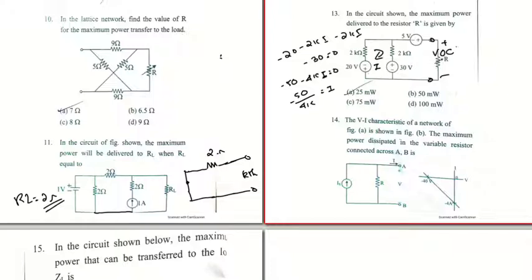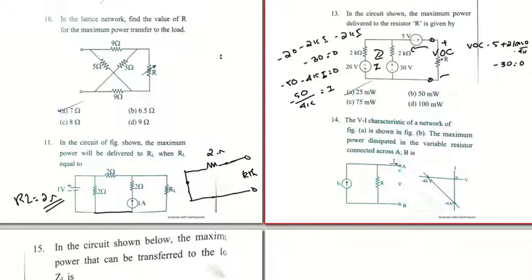And now I am going to consider this mesh, and I am going to write the mesh equation over there, that is VOC minus 5 minus 2K into I, which is our 50 divided by 4K, minus 30 equal to 0.